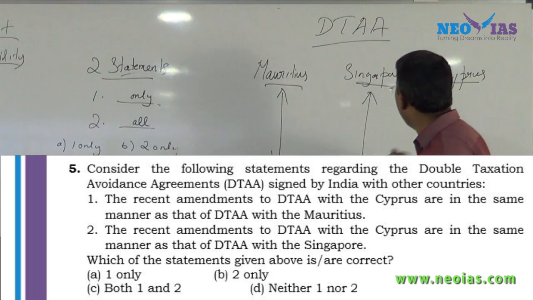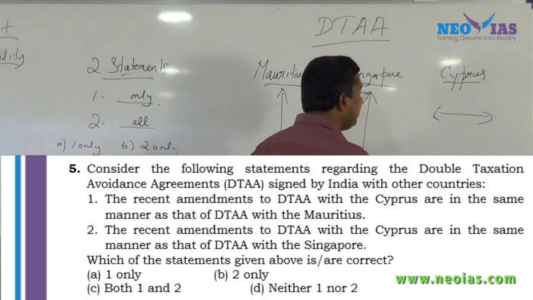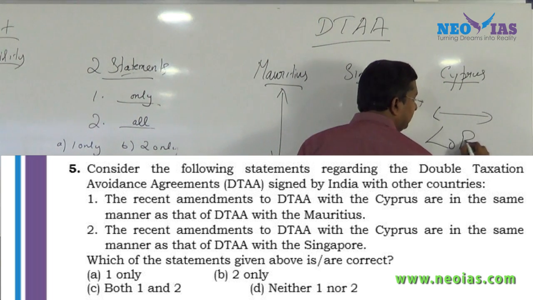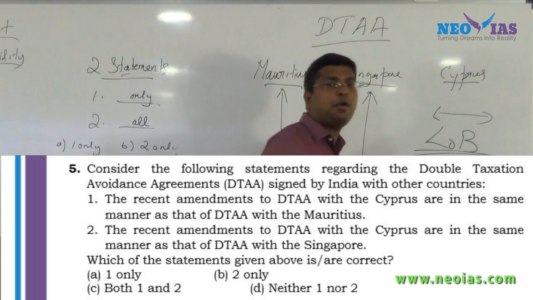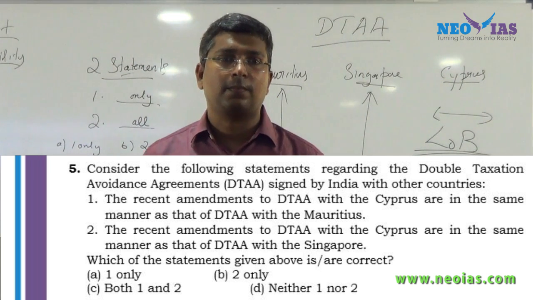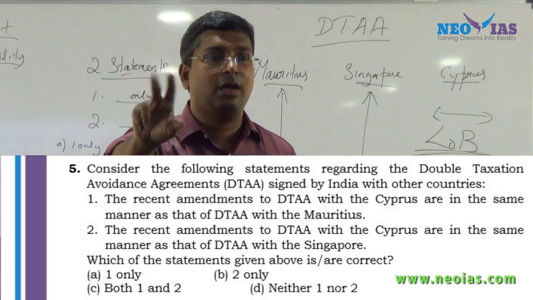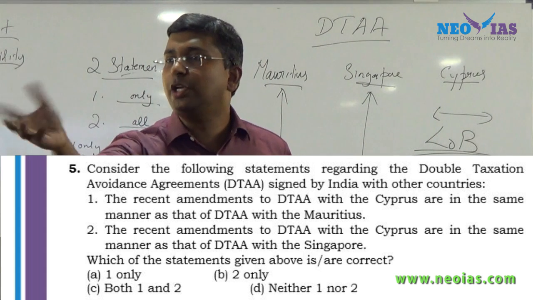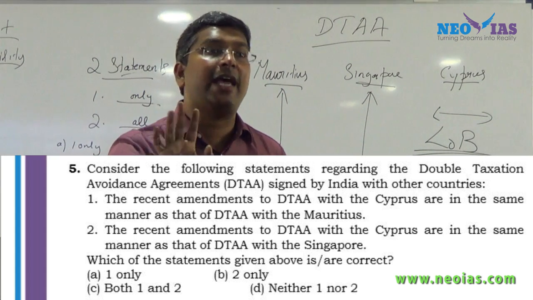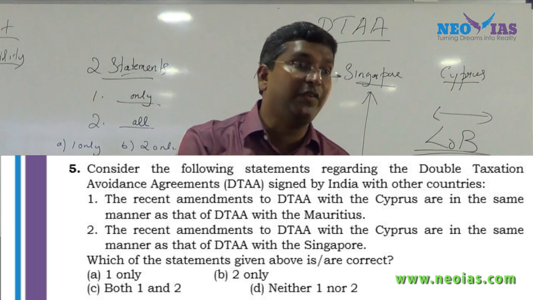Some benefits we have not given to Cyprus, like the limitation of benefit clause. For Mauritius and Singapore we said that for 2 years you need to pay only 50% of the tax, provided we check your genuineness before giving you this benefit.